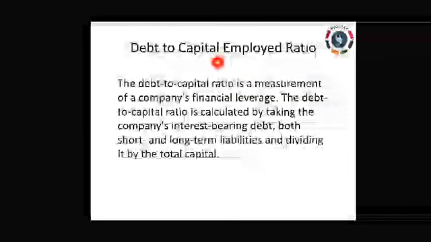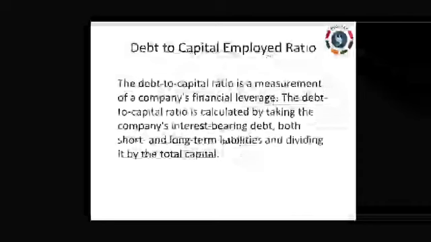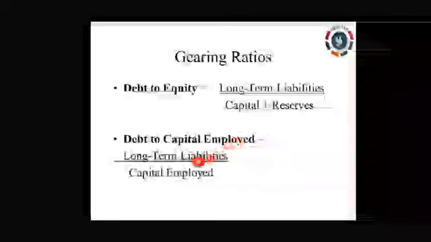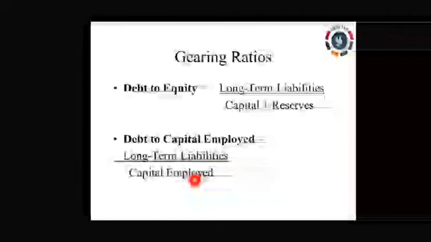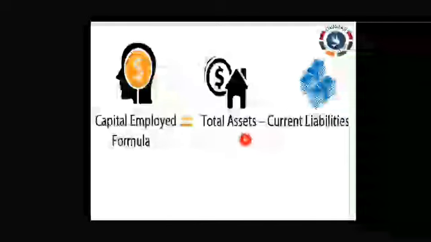Through capital only they can find whether they can pay the liability. So debt to capital employed formula: long term liabilities divided by capital employed. And capital employed formula: total asset minus current liabilities.